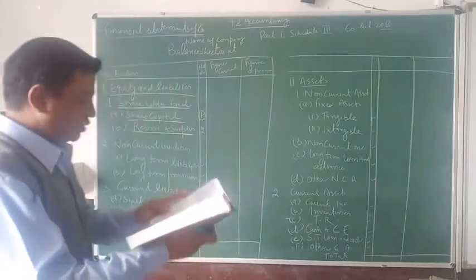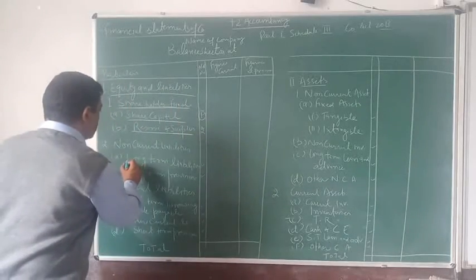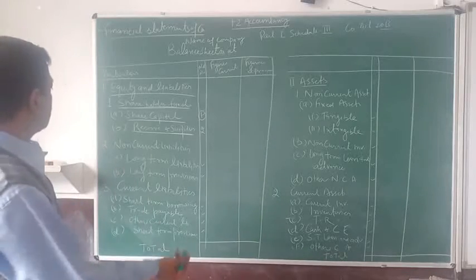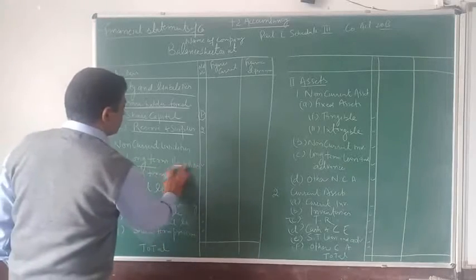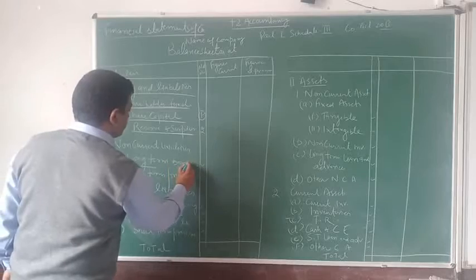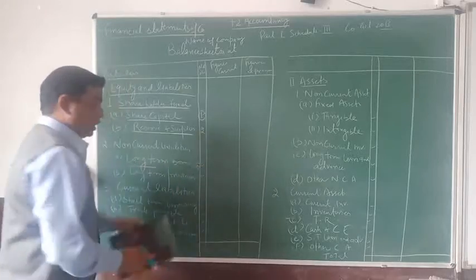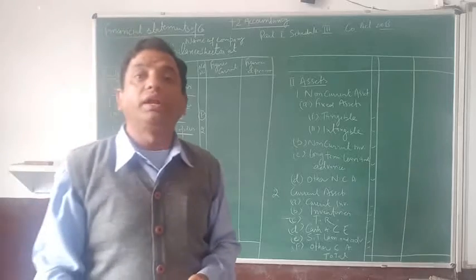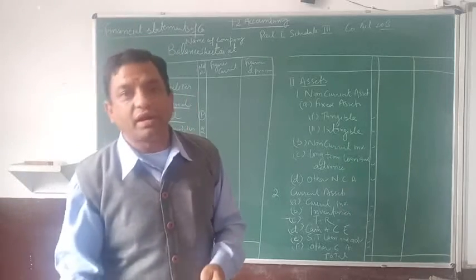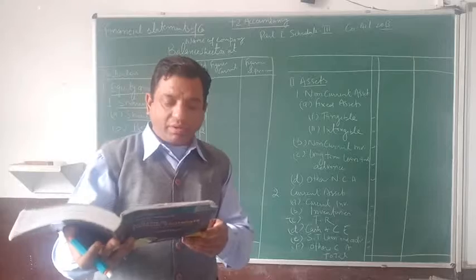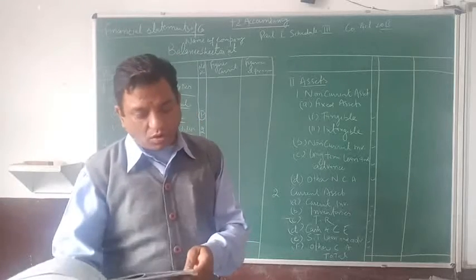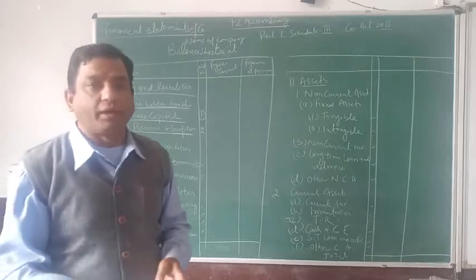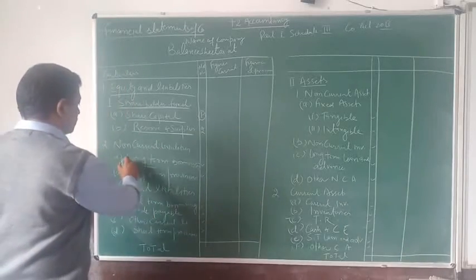The first is long term borrowings. If you have taken any long term borrowing, it is that borrowing which you have to pay after 1 year. You need not pay that within 1 year. That may be debentures, bonds, term loans, or long term loans from the bank. This is long term borrowing.